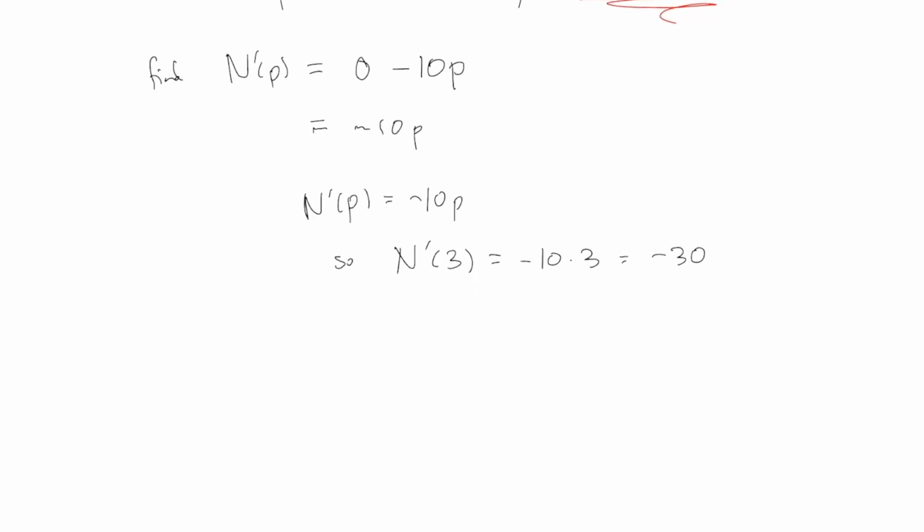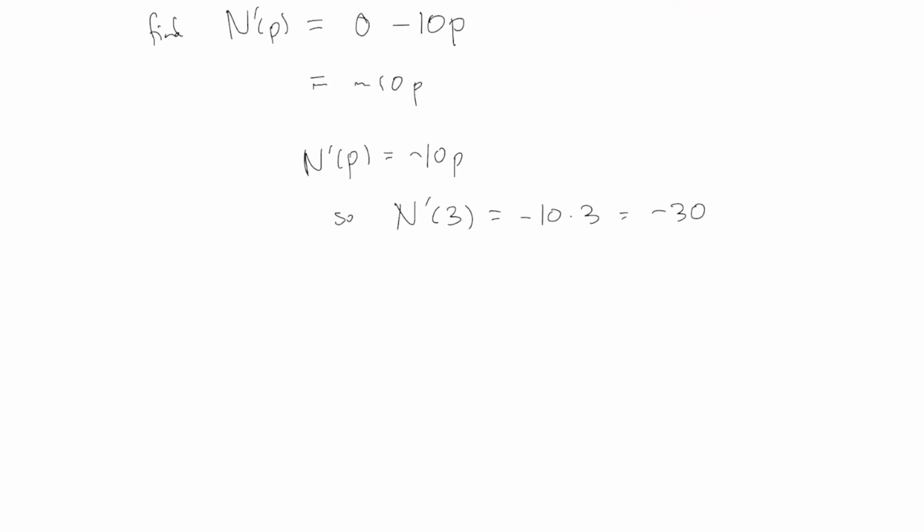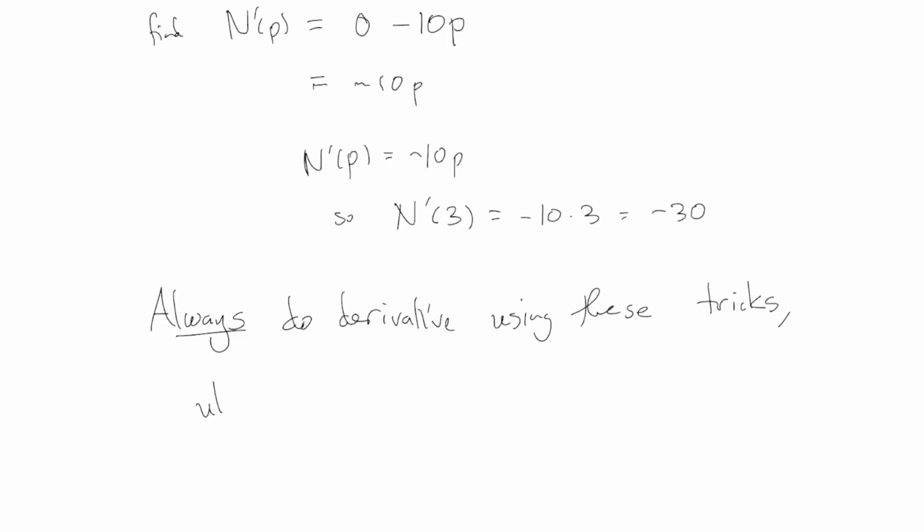So let me just say something about terminology and how I would expect you to do these things on the test. For example, I will say always do the derivative using these tricks, unless... I'll say derivative, sorry, can I squeeze this in, or instantaneous rate of change.